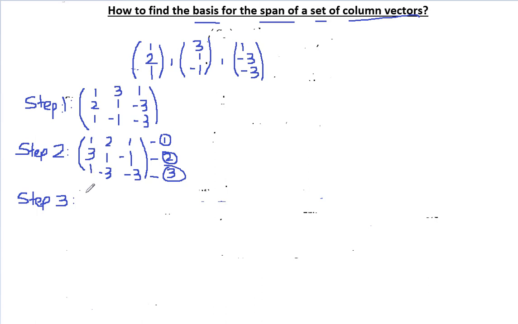So minus 3 times row 1 plus row 2, and to eliminate the 1 entry here, minus 1 times row 1 plus row 3.